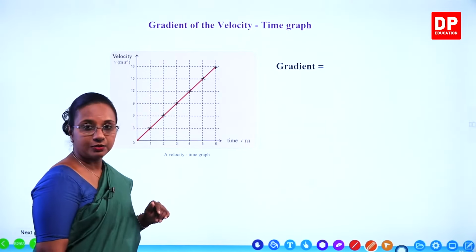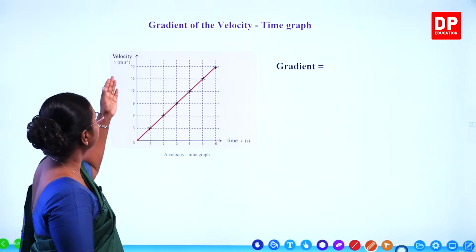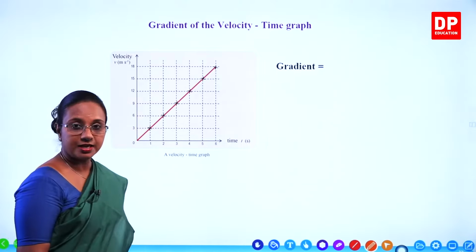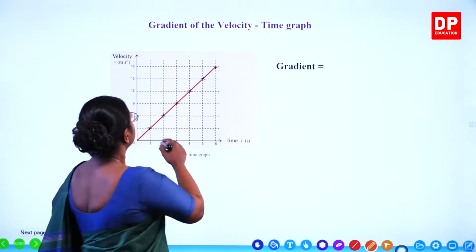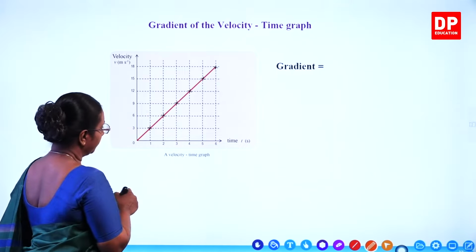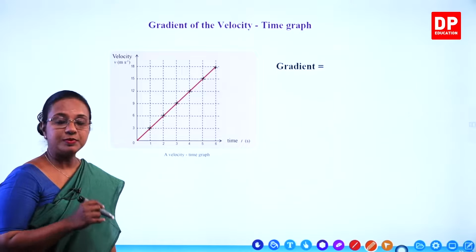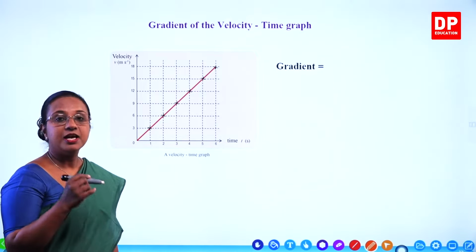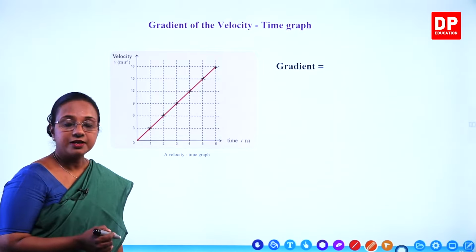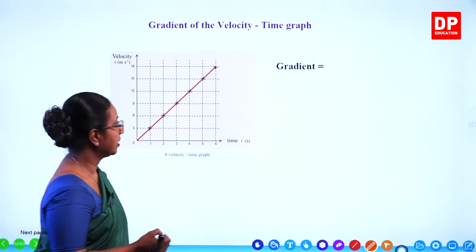Now we will calculate the gradient for the velocity time graph. As we discussed before, you all know that the gradient is the difference between the y coordinates divided by the difference between the x coordinates.